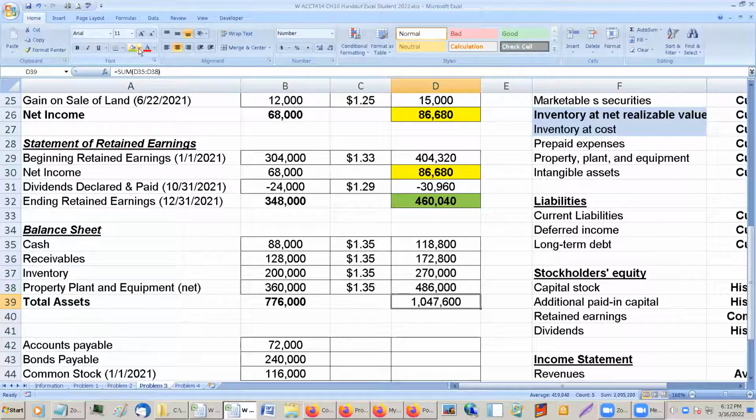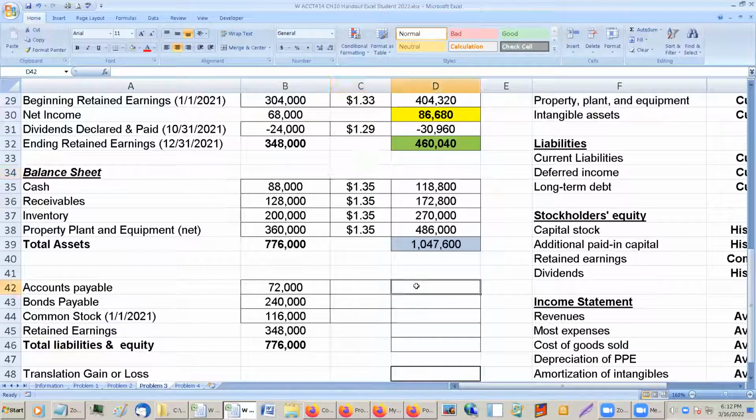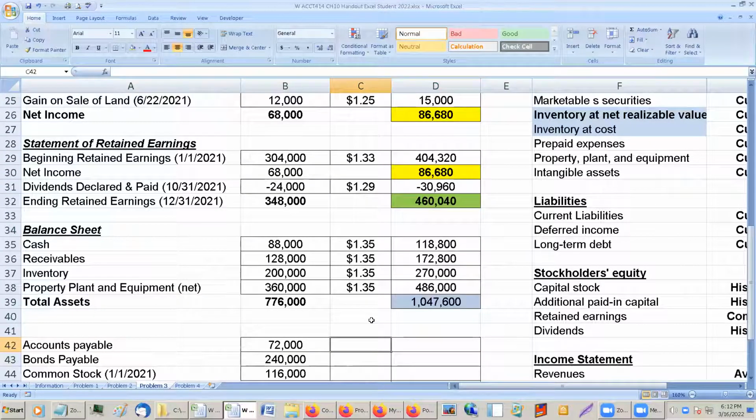Yeah, let's make that blue. Okay. Accounts payable, same thing, end of the year. Accounts payable, same thing.